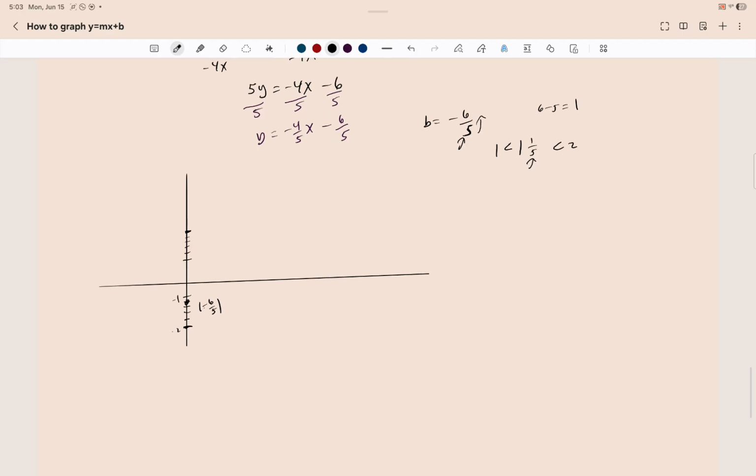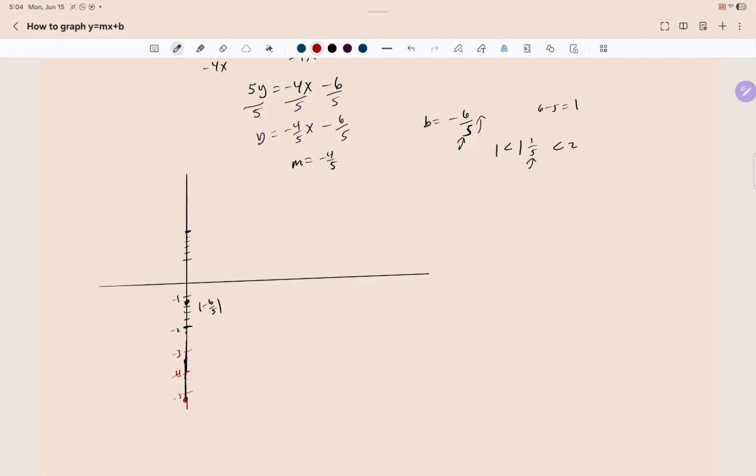Cool. And then using this idea, I'm going to do the rise over the run. I'm going to go down by 4 because it's negative. Remember our slope is negative 4/5. So I'm going to go down by 4. It's going to be 1, 2, 3, and 4. I go 1, 2, 3, and I need one more, so it's going to be here.